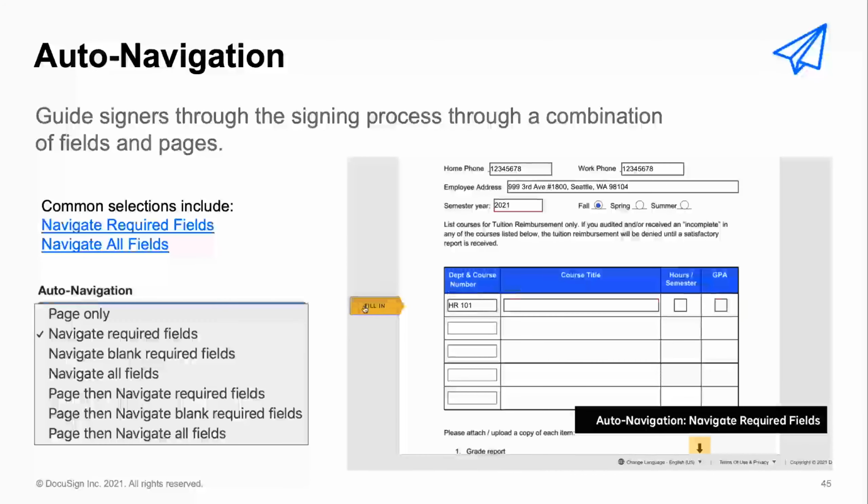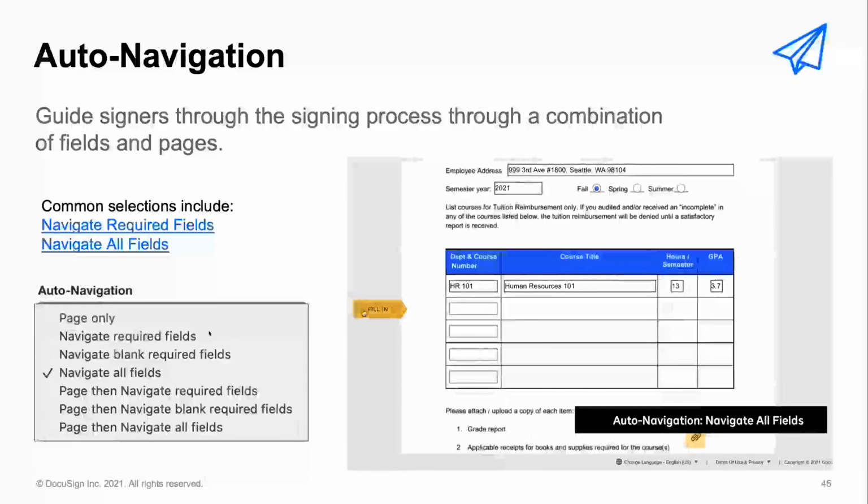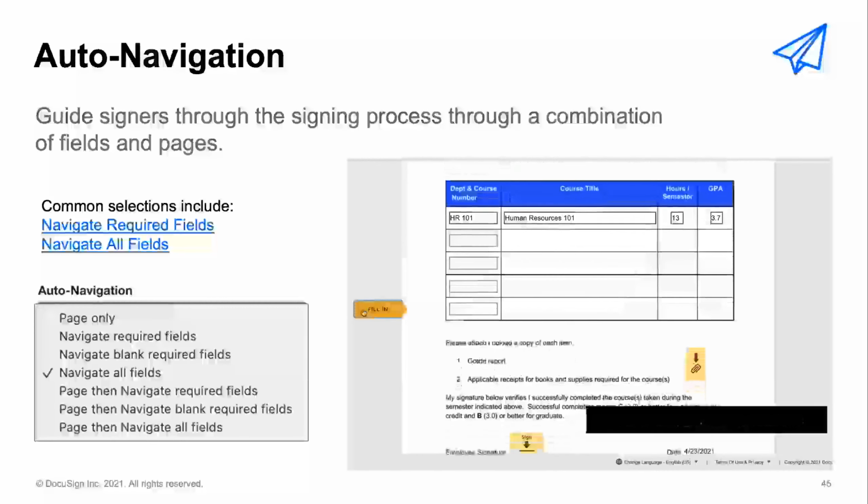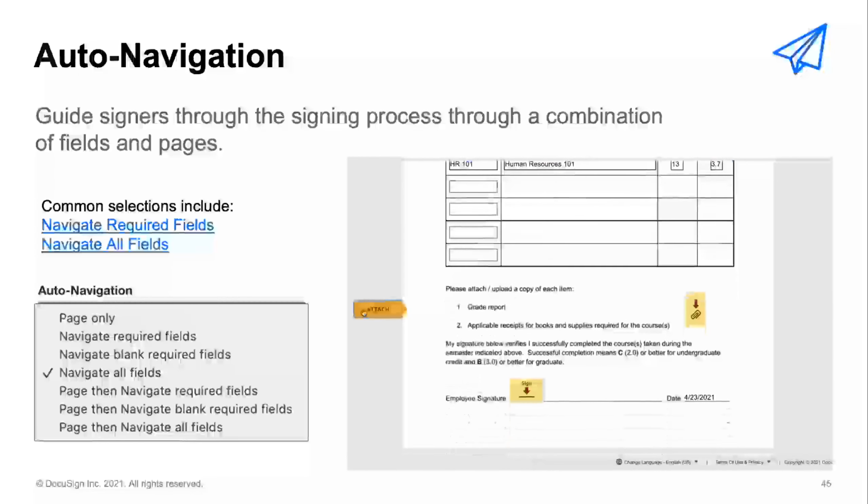You can see that as they click the fill in button, they're going to be taken through only the required field, even if it's not a required field. So depending on how guided of an experience you would like for your recipients, you can choose one of these auto navigation methods.